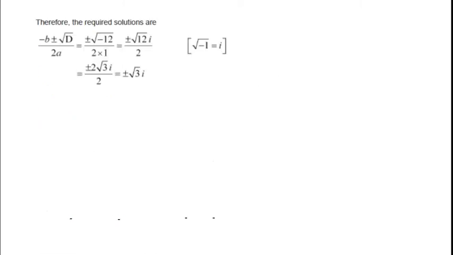Now roots are minus b, that is 0 minus 0, plus minus root minus 12 by 2, and root minus 12 is root 12 i, so the roots are plus minus 2 root 3 i divided by 2. 12 can be factorized as 4 into 3, and the square root of 4 is 2. So this is our final roots.